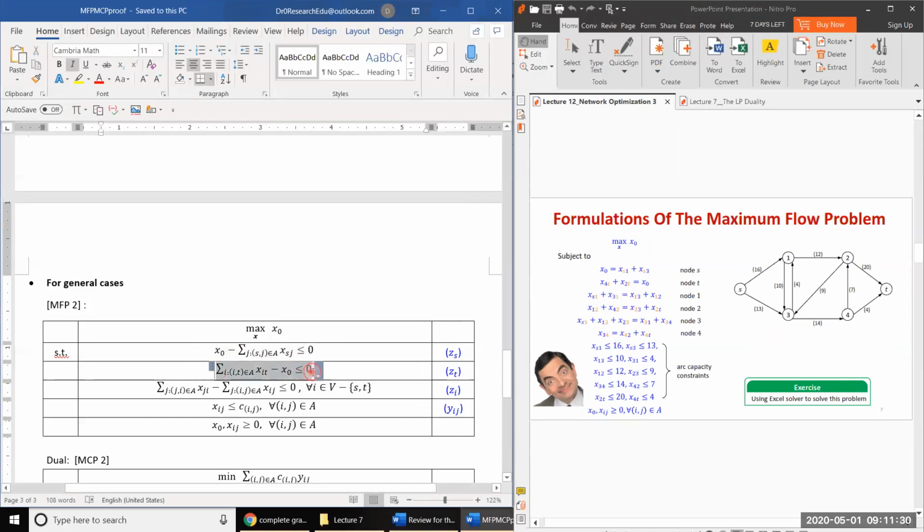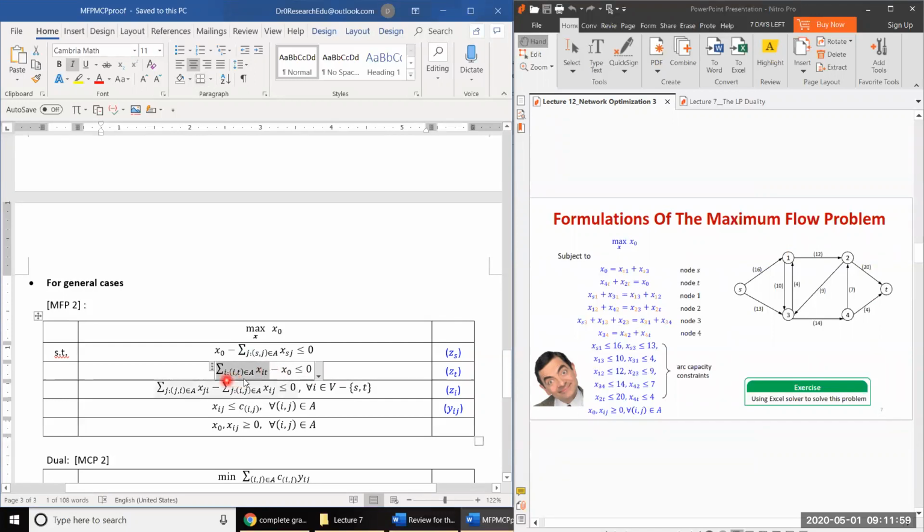The first constraint means that the total flow should be greater than or equal to x_0, not less than or equal to. If you move it to that side, then you're going to have x_S, x_0 less than or equal to that part. So the total flow must be greater than or equal to x_0. And the second constraint means the total flow must be less than or equal to x_0. And this is clearly for node T because of this.